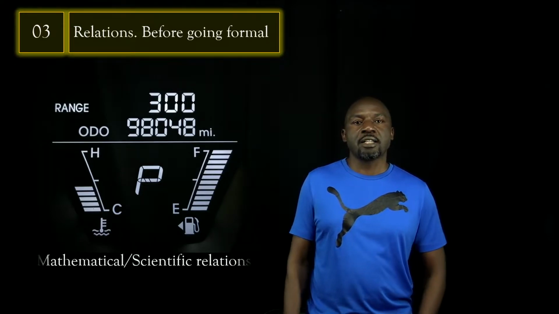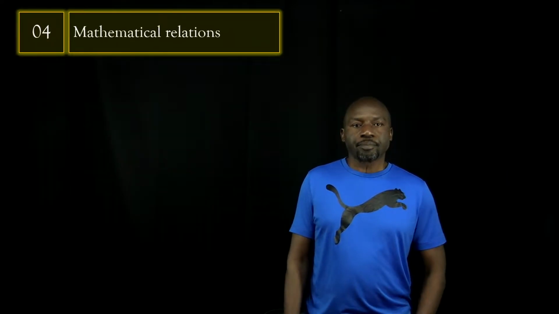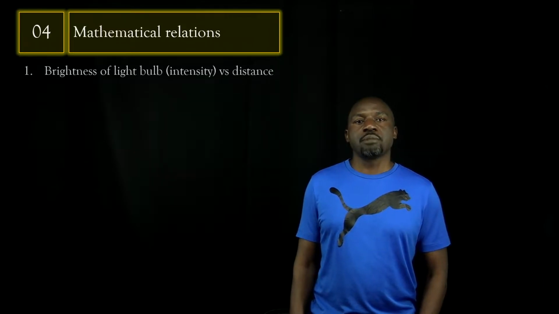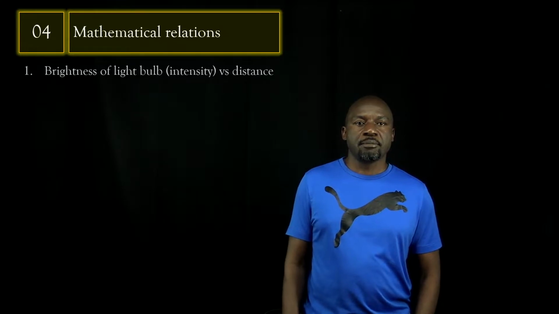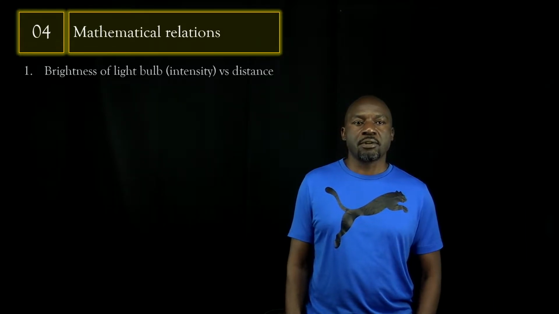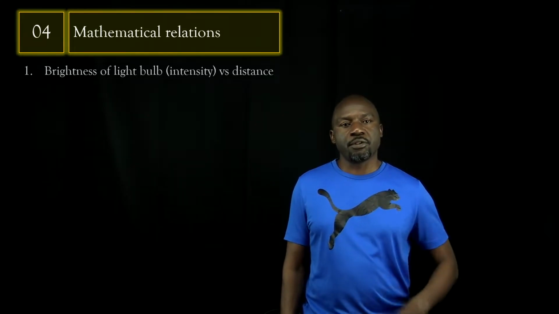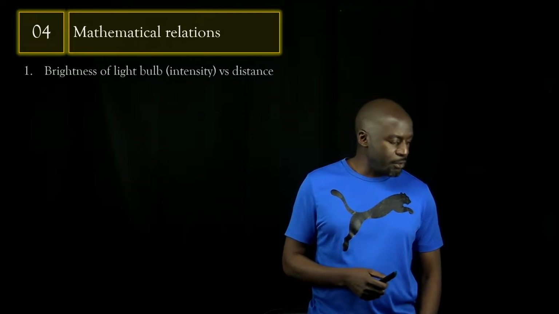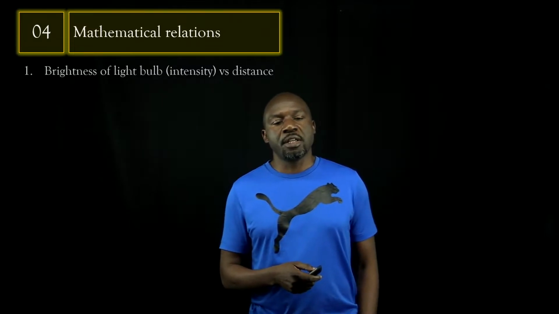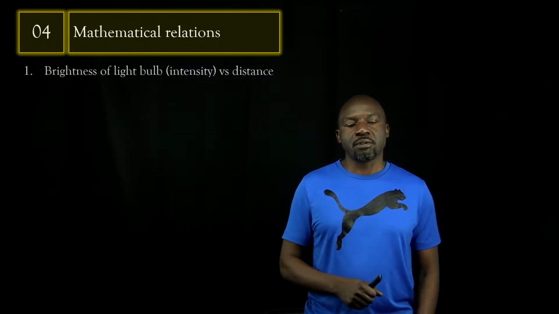Other examples of possible mathematical relationships are the brightness of a light bulb versus distance. If there is a light bulb in front of you, you can measure the intensity. I believe we can use our phones directly to measure the intensity of light coming out of a source.